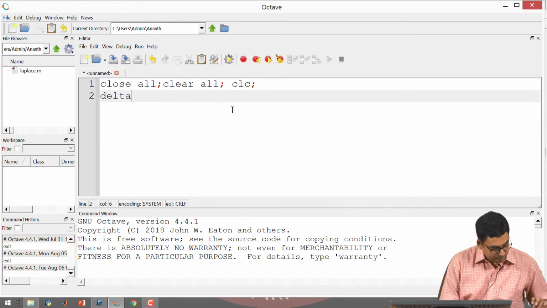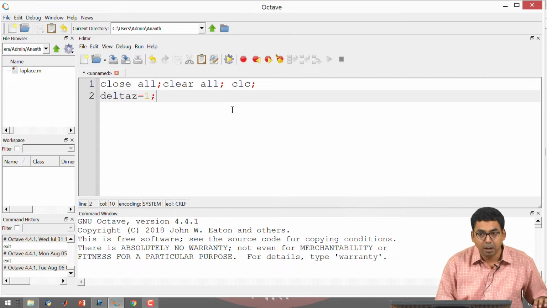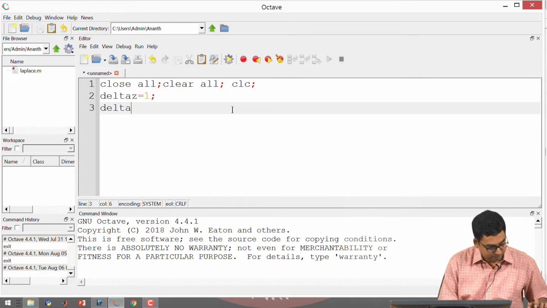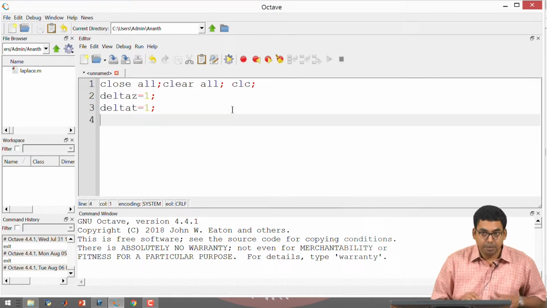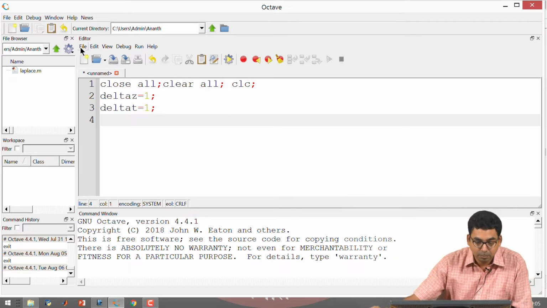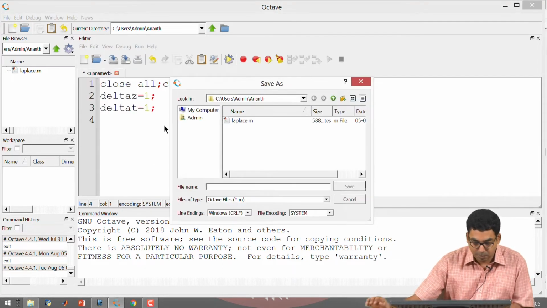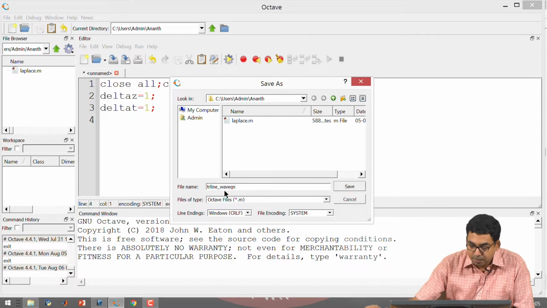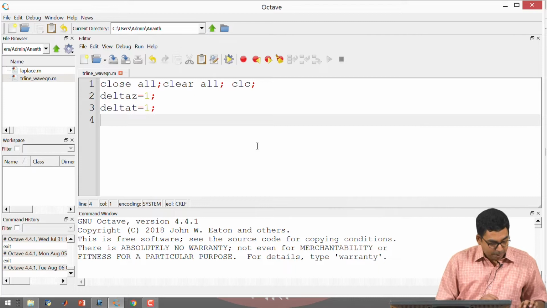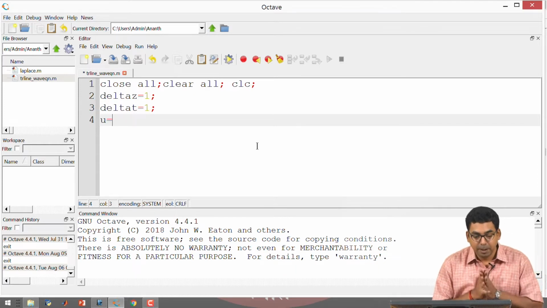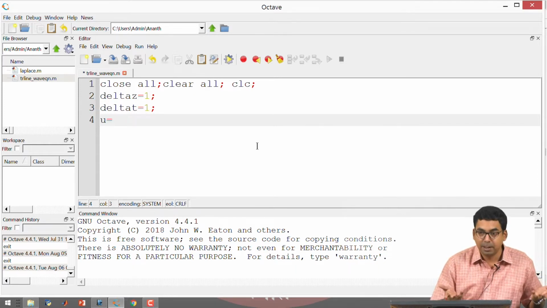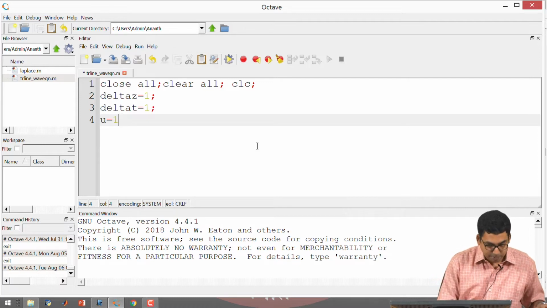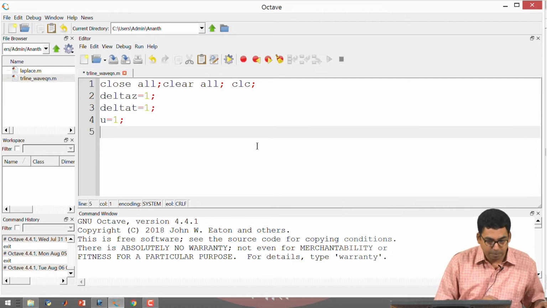Delta Z is what we assume to be 1, delta T is 1, and consequently the velocity u is going to be 1, because delta Z is 1 and delta T is 1.